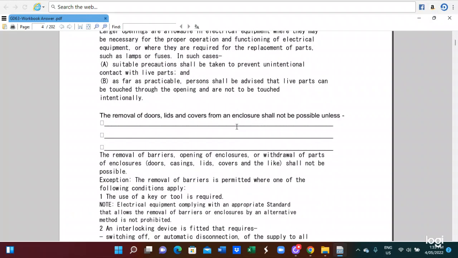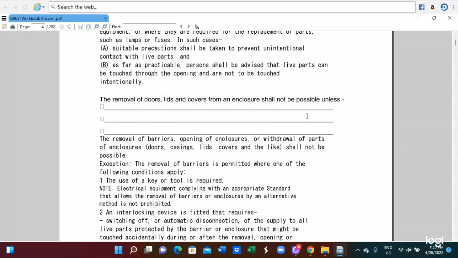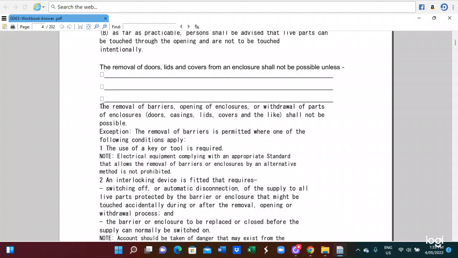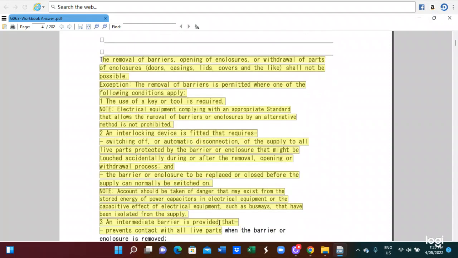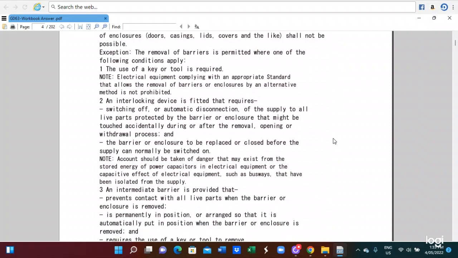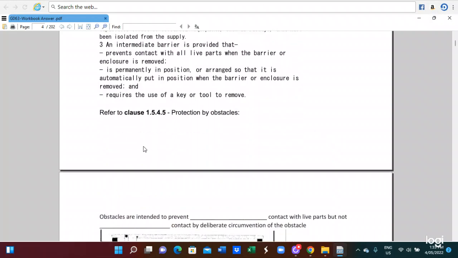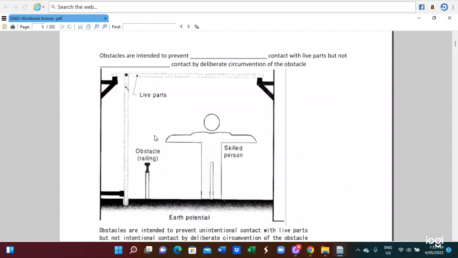Also, the removal of barriers and covers shall not be possible unless... you have to refer to the clause. This is the removal of a barrier opening. Also, protection by the obstacle, clause 1.5.4.5. Here is the state personal object training, so the protection diagram.